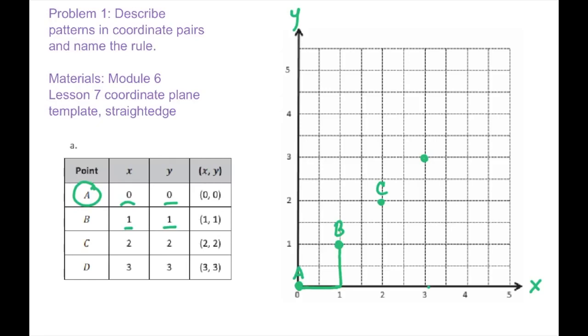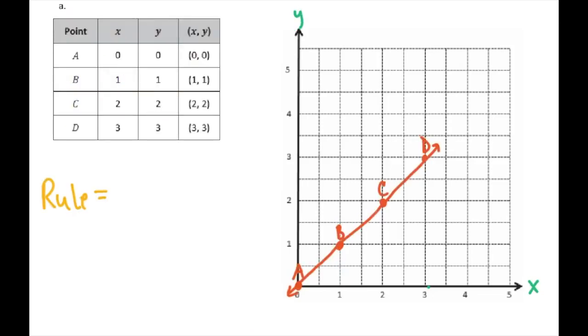I'm going to connect my plots with a straight line. I can now label that line as line AD. I would like you to now look at the relationship between the x-coordinate and the y-coordinate. What pattern do you notice?